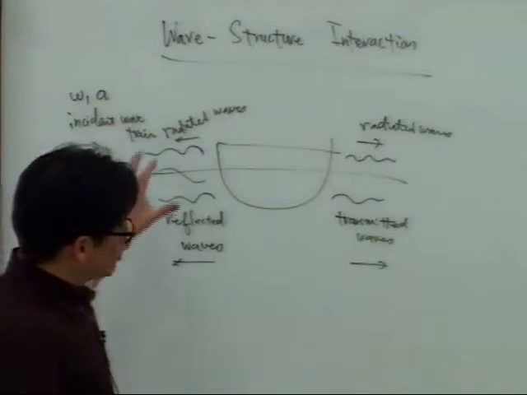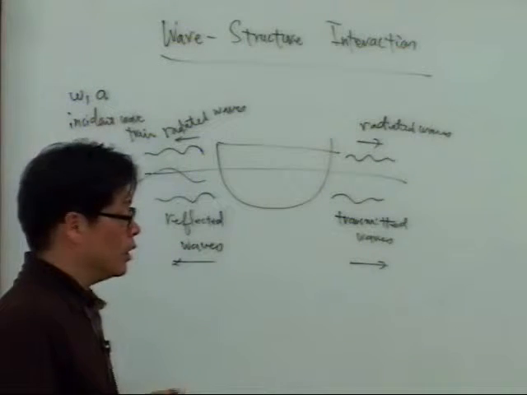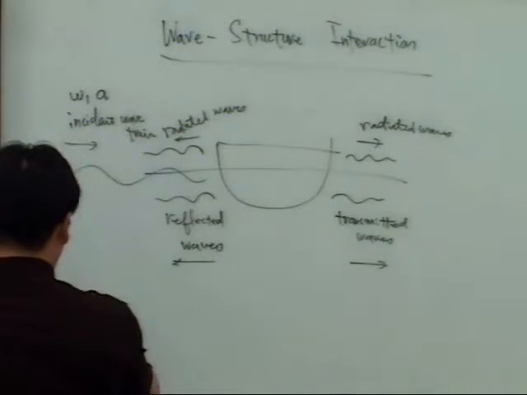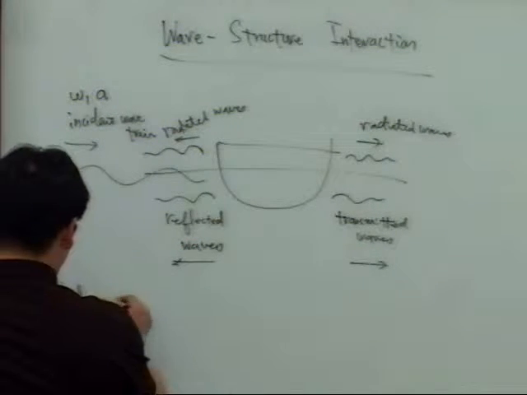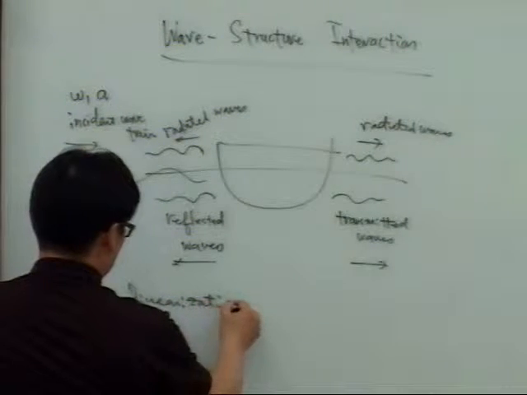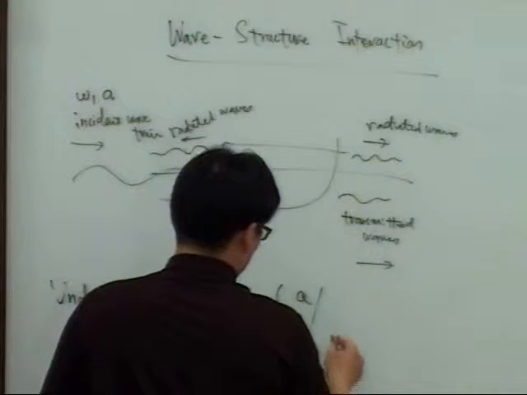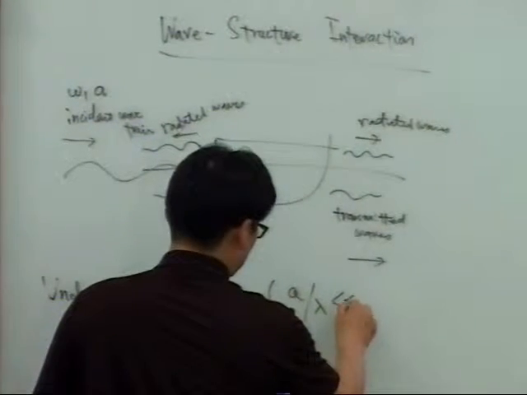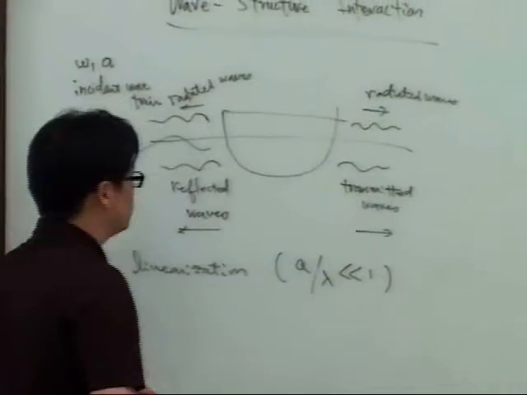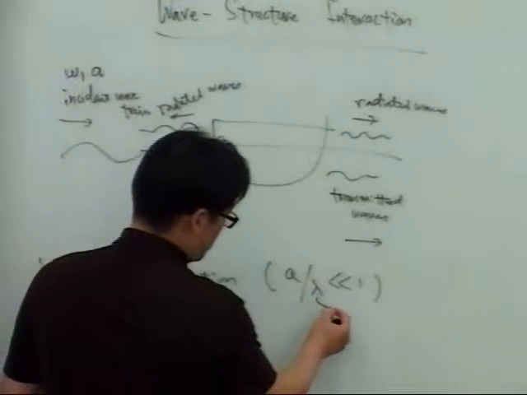In general you have to solve the whole problem, but under linearization, meaning that the wave amplitude with respect to wavelength is much less than 1. So this is wave amplitude and this is wavelength.